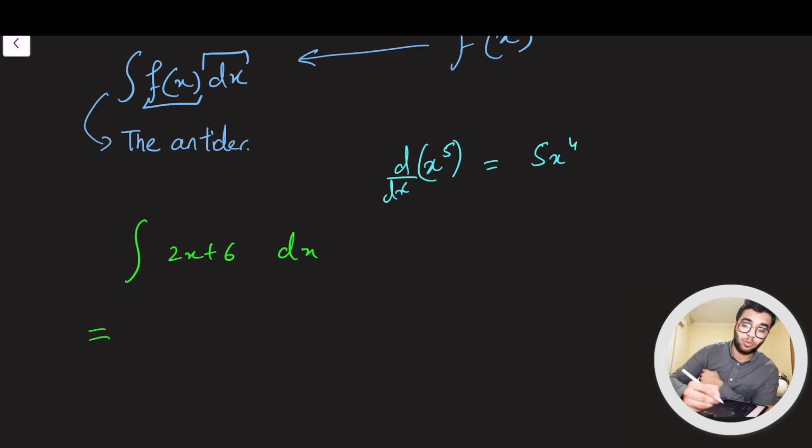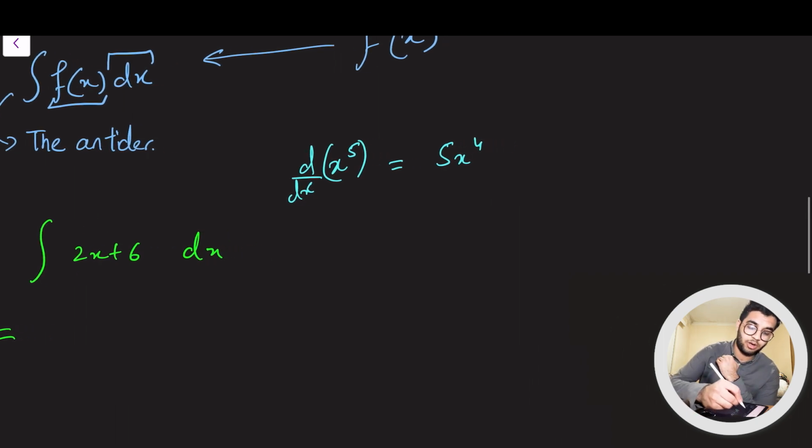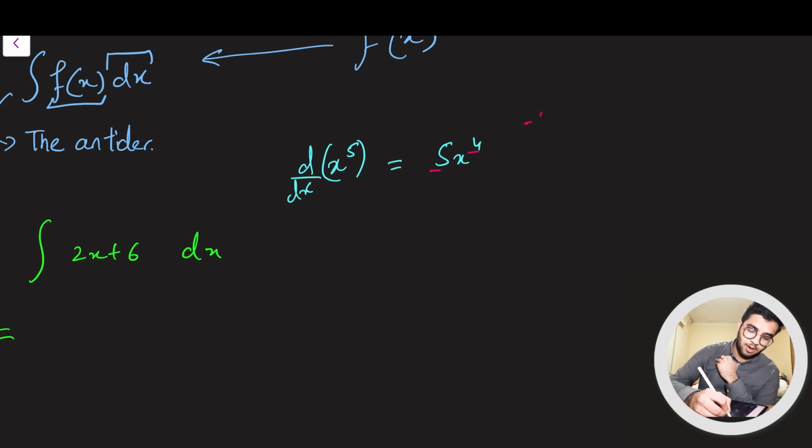Now it's important to point out that what we did is we first of all multiplied by the power, and then we decreased the power by 1.